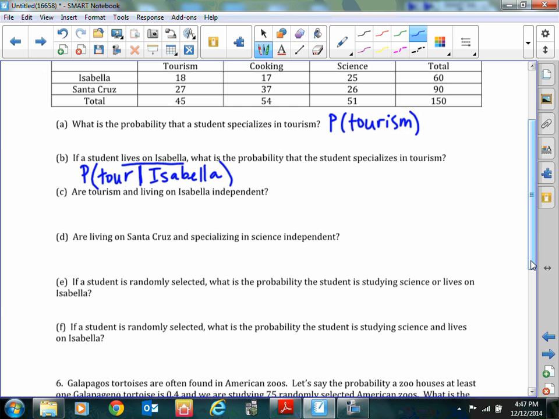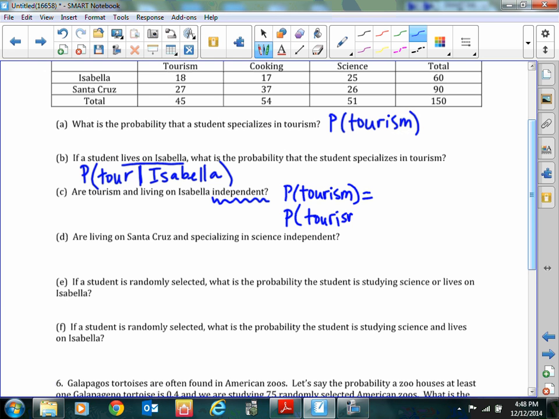Okay, and then C is going to use the answers from part A. Because in order to test for independence, remember that you need to see if the probability of tourism overall is changed.